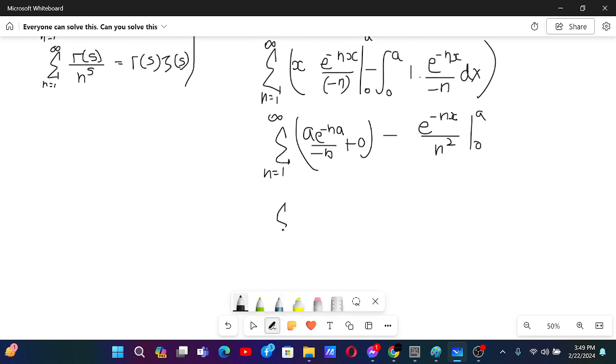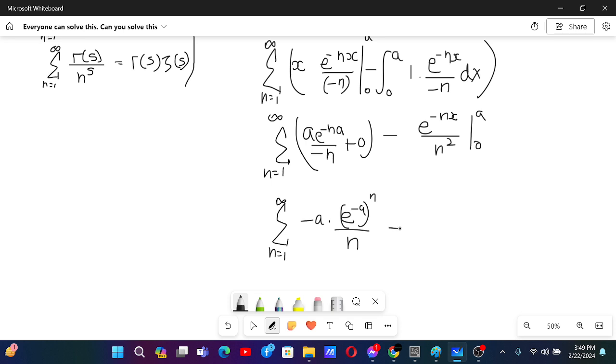Now this is sum, okay, don't confuse this as b. This is minus n. Now sum going from n equals 1 to infinity. This is, okay, so this is minus a times e to the power minus a to the power n by n, and there's a reason why I'm writing it like this.